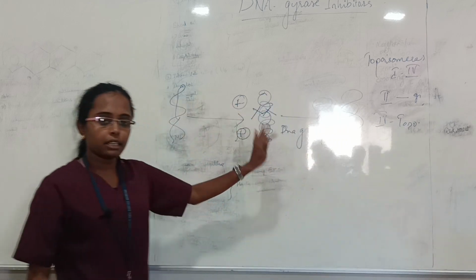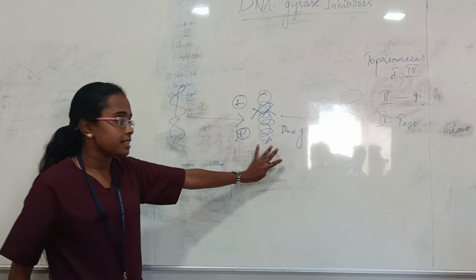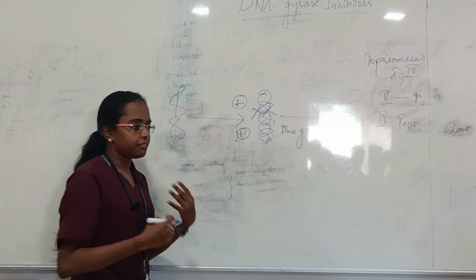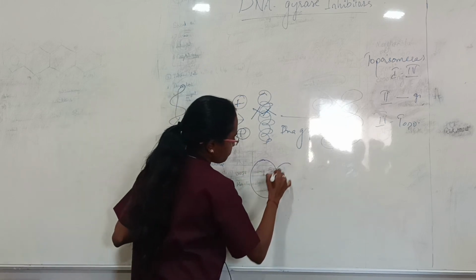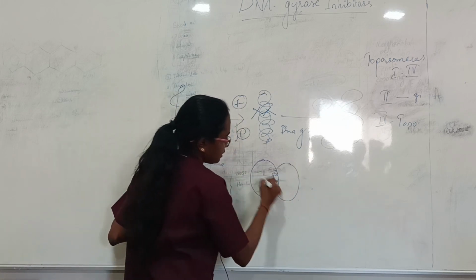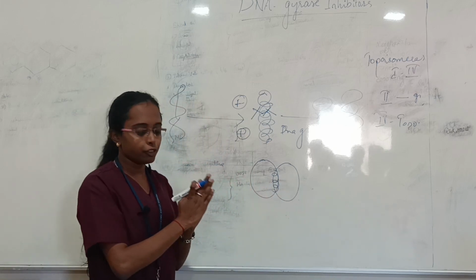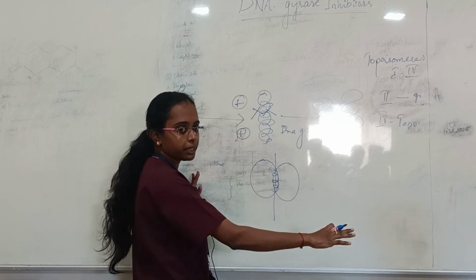First I will tell the mechanism. Now we know about DNA gyrase. Now what will topoisomerase do? After unwinding, the replication happens and the daughter DNA will be formed. The daughter DNAs are fused. We have to cut the daughter DNA to undergo further replication.